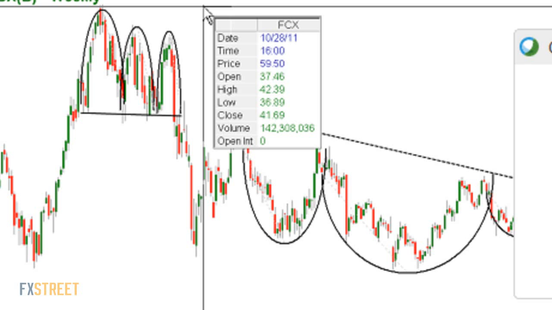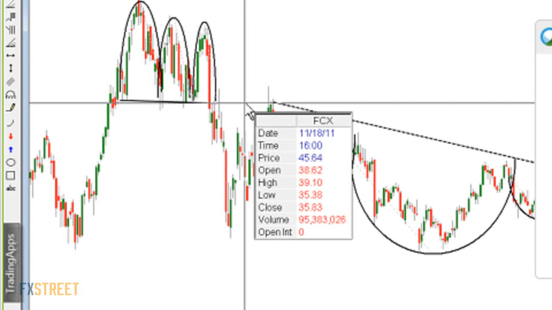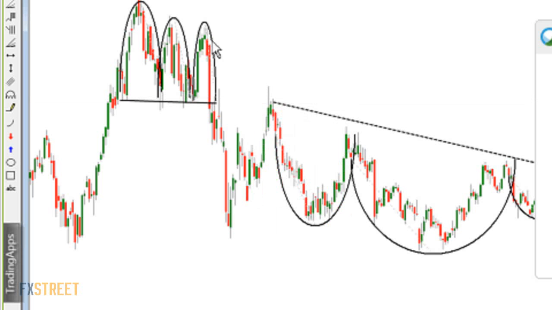We'll put our line right there, and we'll measure, right? So the height of it, 59, and the depth of it, 45. From 45 to 59 is how far? 59 minus 45, 14, right? 14.